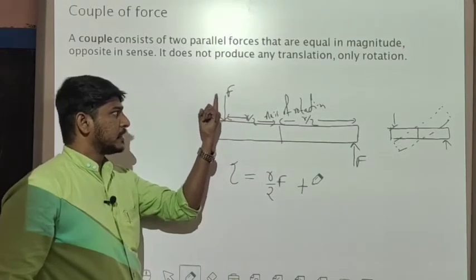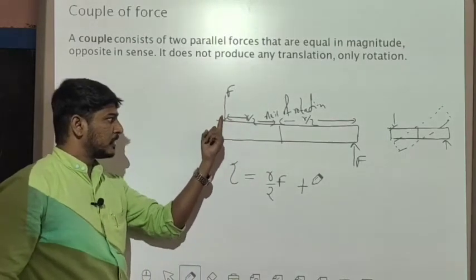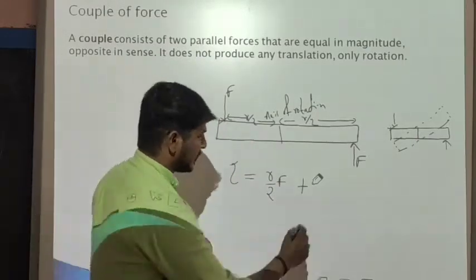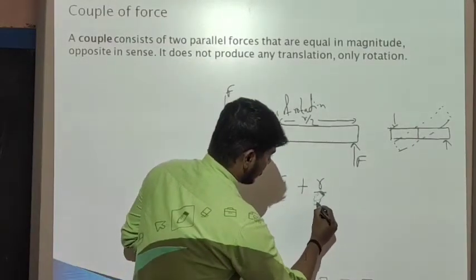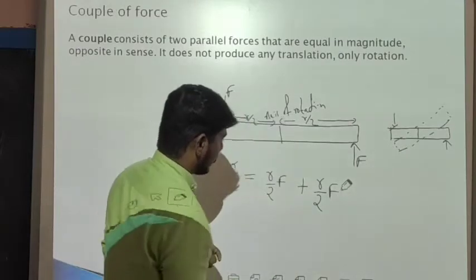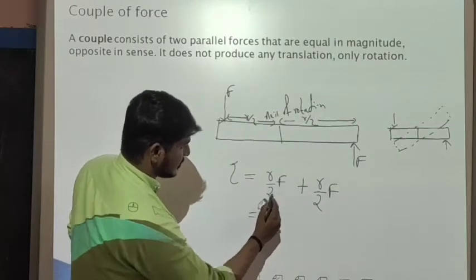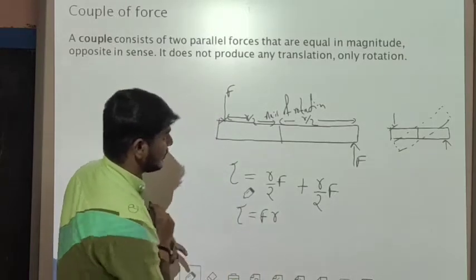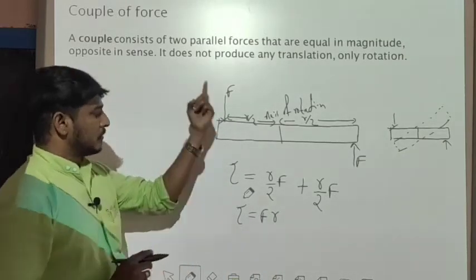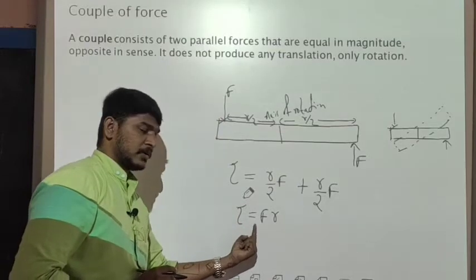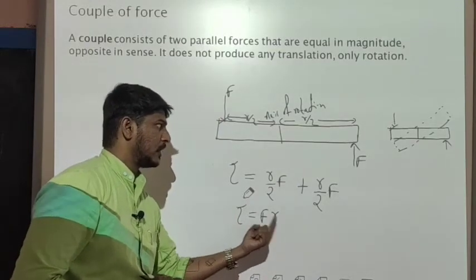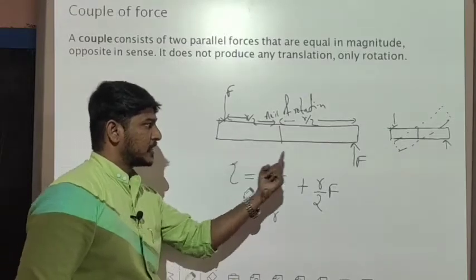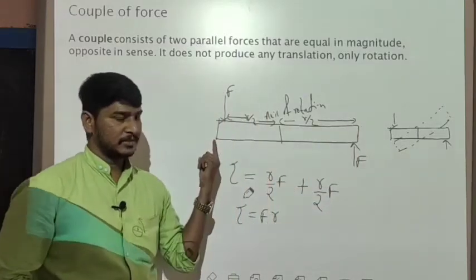I have applied force perpendicular to the distance vector r by 2 from the axis of rotation, so this becomes r by 2 into F. Then this becomes F into R. Again in a couple of force, torque is equal to F into R. This is responsible for the rotation of an object.